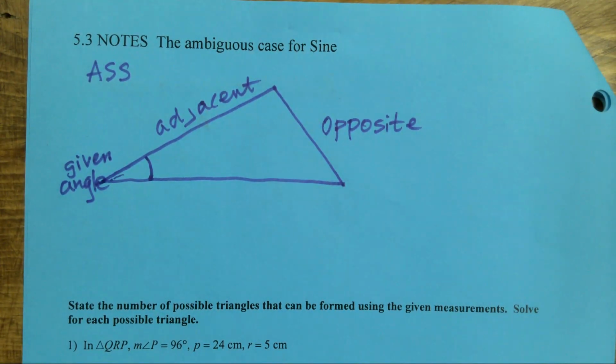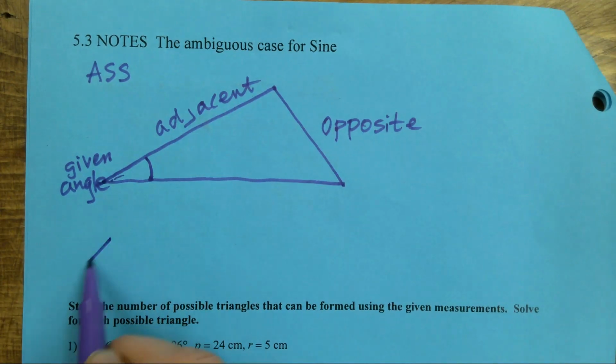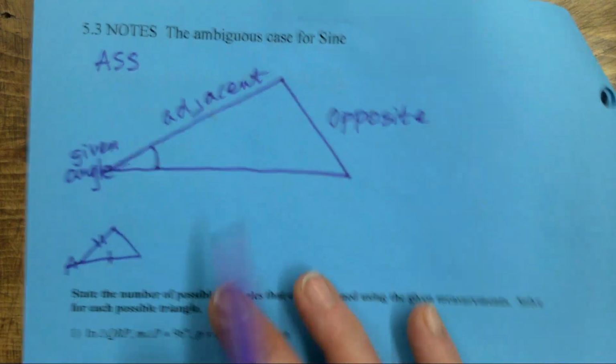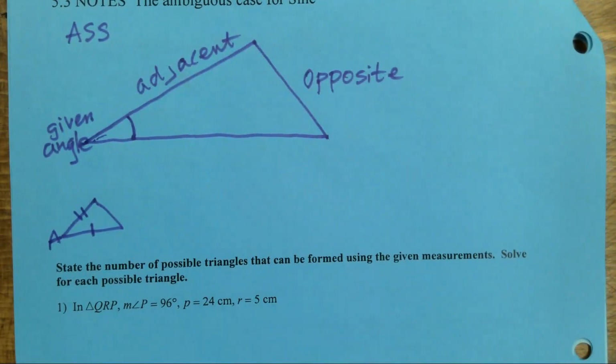So given angle, this is an angle side scenario. I'm given an angle, an opposite side, and an adjacent side, as opposed to a side angle side scenario, which would look like this. I'm given a side, another side, and an angle. That's a side angle side. Do you see the difference between the two of them?